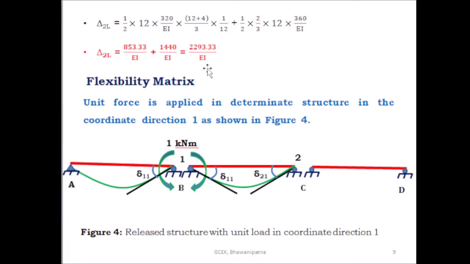For rotational displacement you have to find out in the conjugate beam the shear force, and for the vertical displacement you have to find out in the conjugate beam the moment in the corresponding section. Because here this is the rotational displacement, you have to find out the shear force at the section in the conjugate beam.